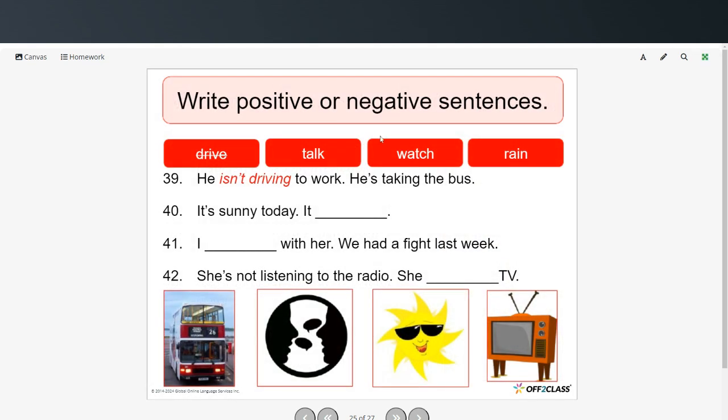Right, now you'll make either a positive or negative sentence using the words in the boxes in the present continuous. So it isn't sunny, it's sunny today. It isn't raining, or it's not raining.